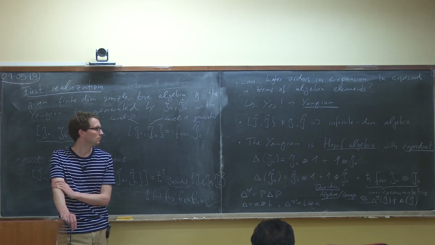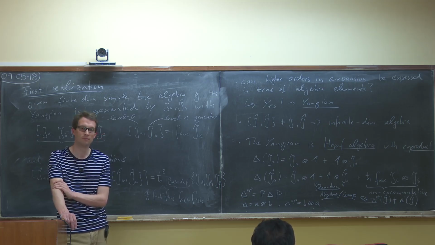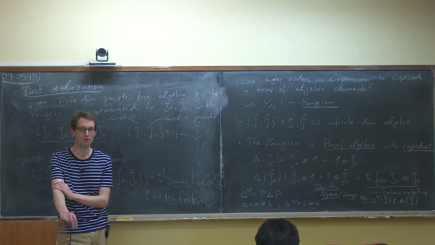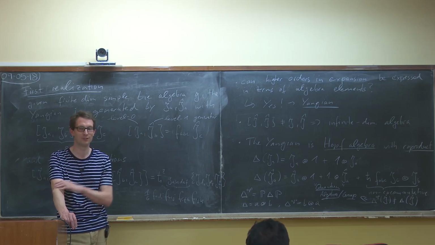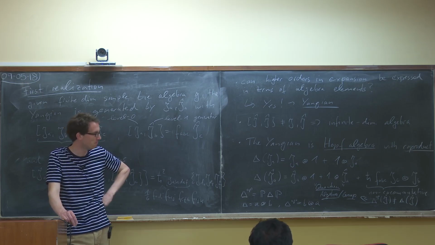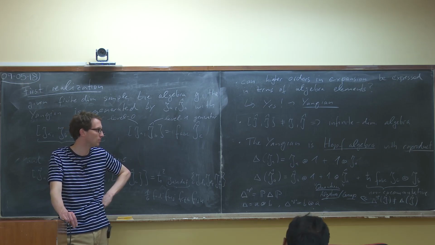Now should I look further inside and modify the action of the level one generator? Probably, yeah, but I cannot tell. I don't know explicitly how this would be realized.